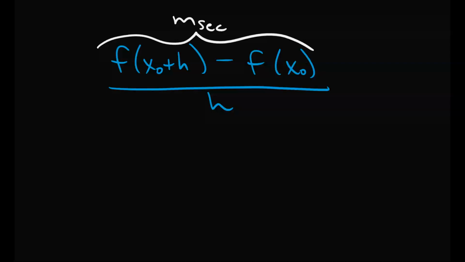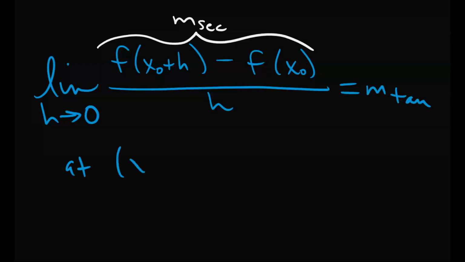Okay, so in our previous video, we found the slope of the secant line through 2 points, and then we let the limit as the distance along the x-axis between the points went to 0. And we've defined that to be the slope of the tangent line at the point x naught, f of x naught. And then we also understood that to be the slope of the function at that point.